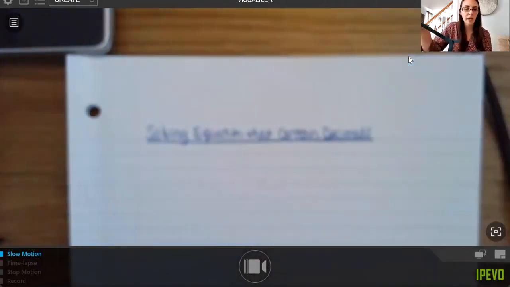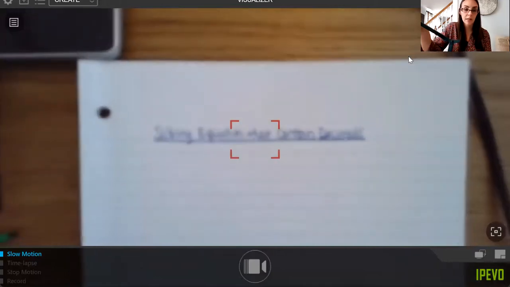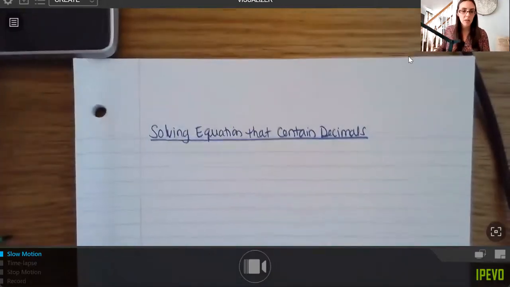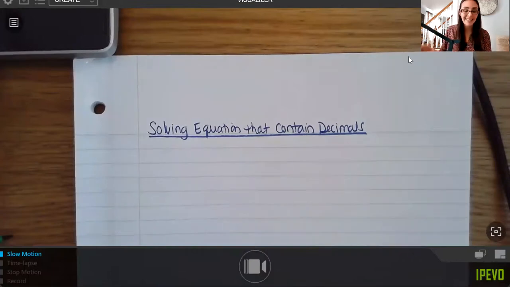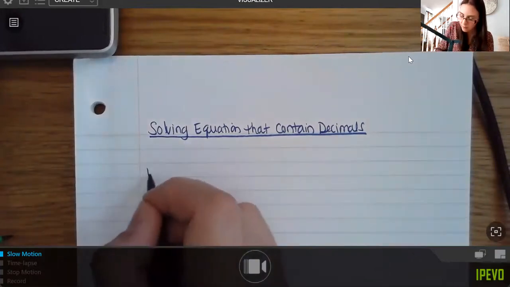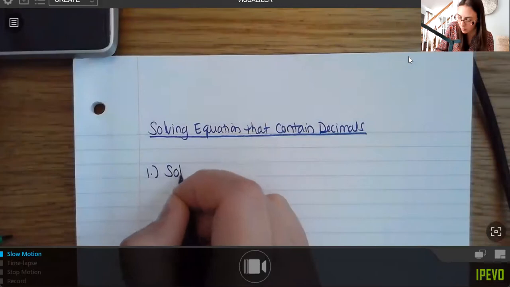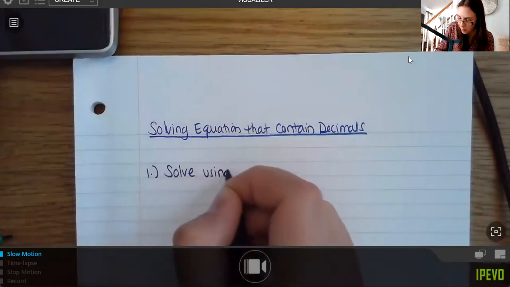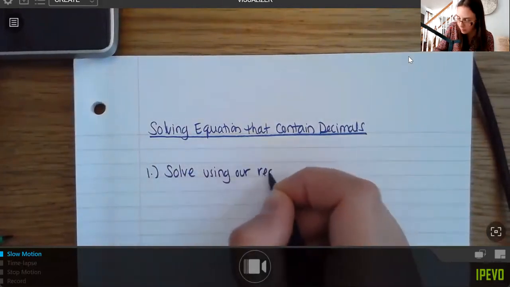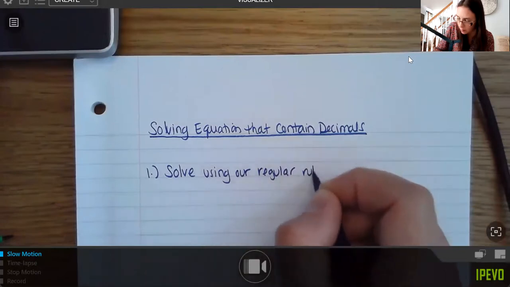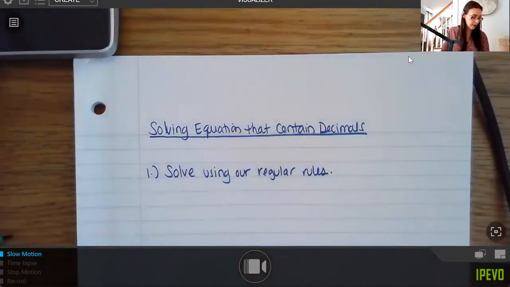Now, there are two strategies that you can use with solving decimals. And the first one is to just do nothing different. So strategy number one is to just solve using our regular rules, right? So no change or anything here.